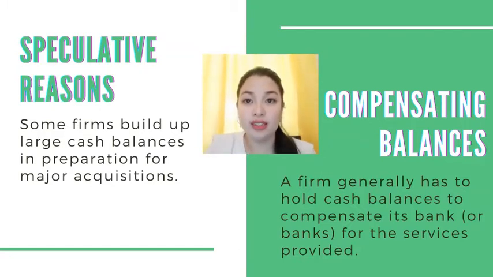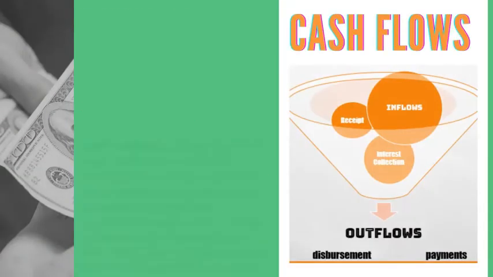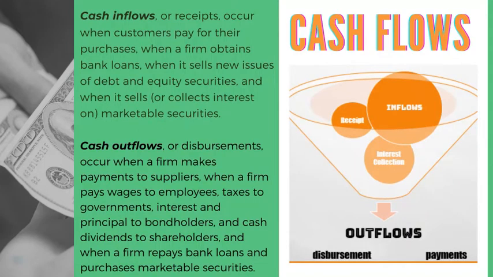Compensating balances. A firm generally has to hold cash balances to compensate its bank for the services provided. Cash inflows or receipts occur when customers pay for their purchases, when a firm obtains bank loans, when it sells new issues of debt and equity securities, and when it sells or collects interest on marketable securities.